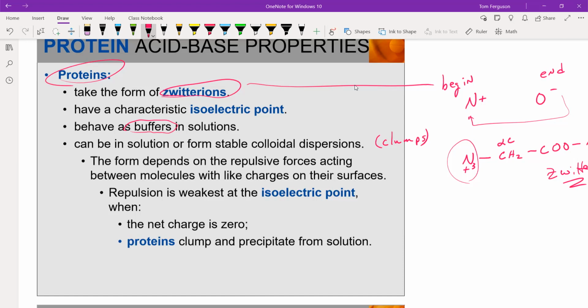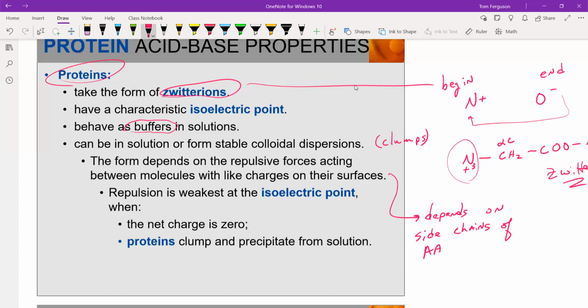The form of that clump is going to depend on the side chains of the amino acids in the protein.